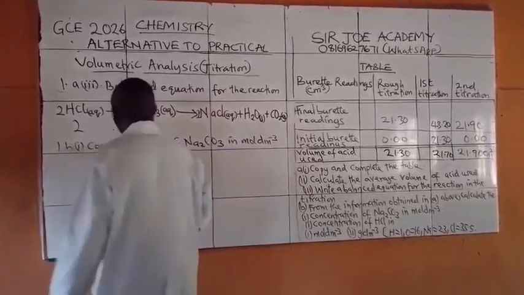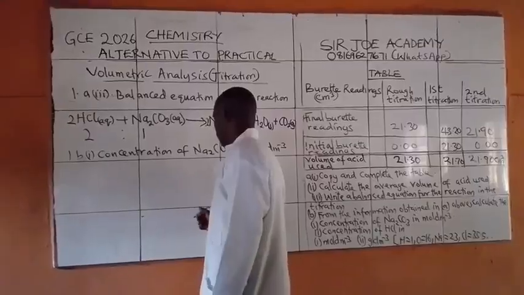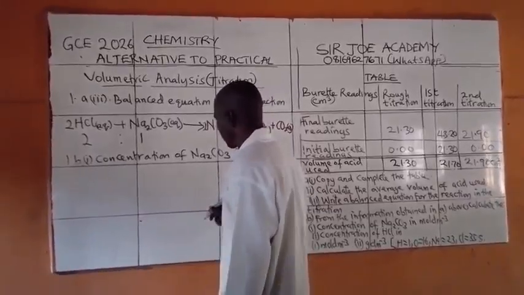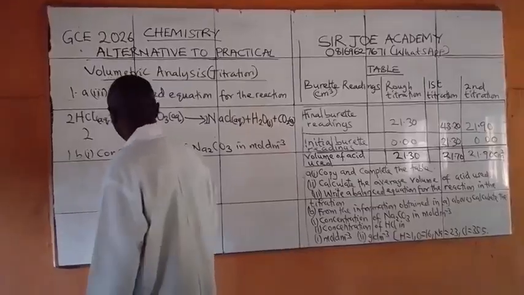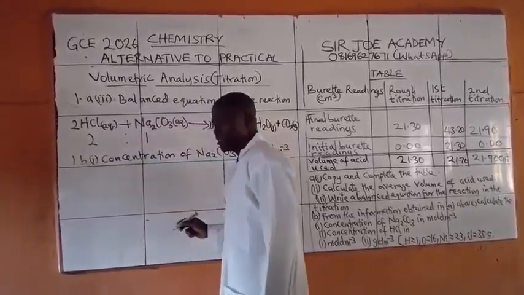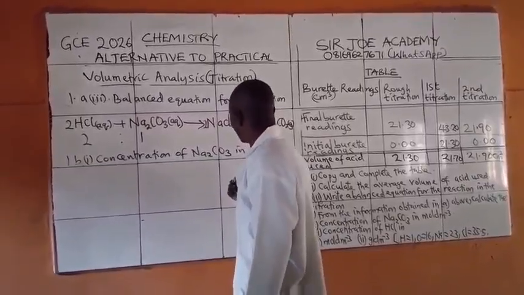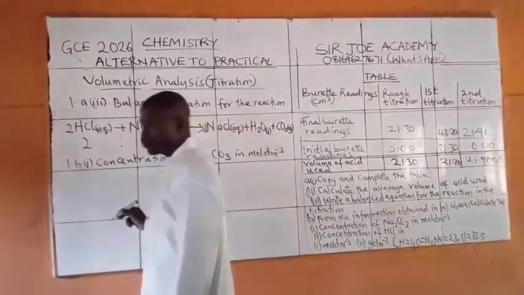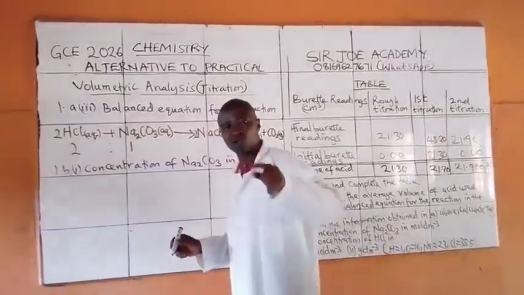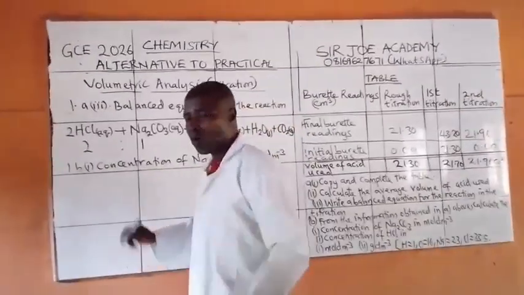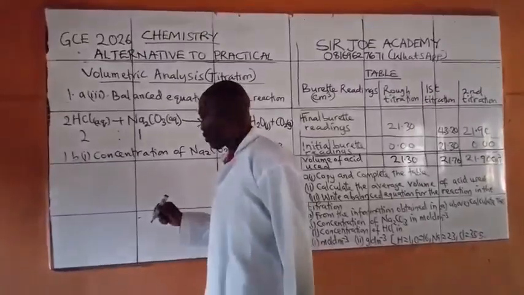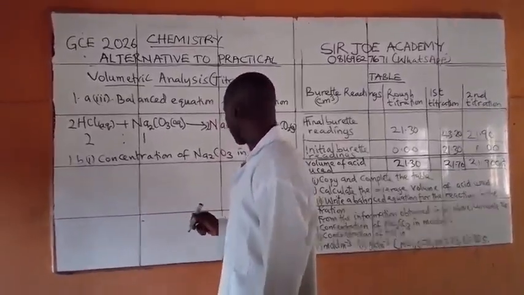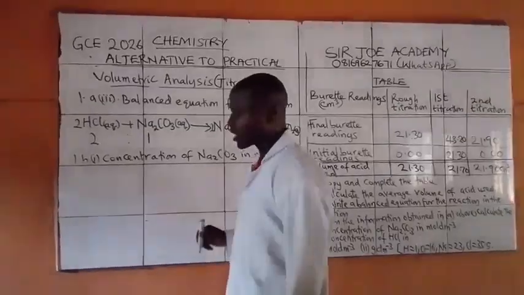Now, before the concentration of Na2CO3 in mole per dm³ is calculated, firstly, we have to calculate the concentration of Na2CO3 in gram per dm³. In the question, 1.30 gram of Na2CO3 was dissolved in 250 centimeter cube.